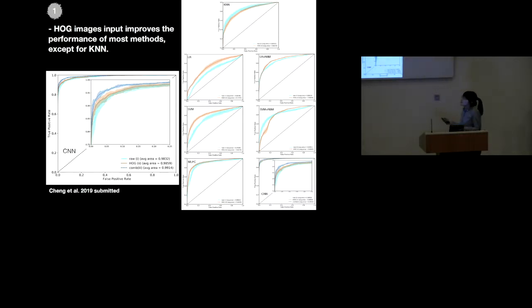The gradient image input helps the performance for most methods, apart from k-nearest neighbor. For the convolutional neural network, the combination input significantly pushes it further, more accurate.